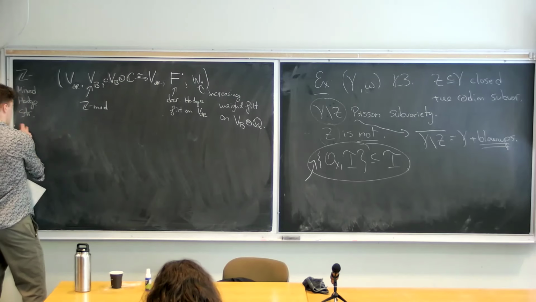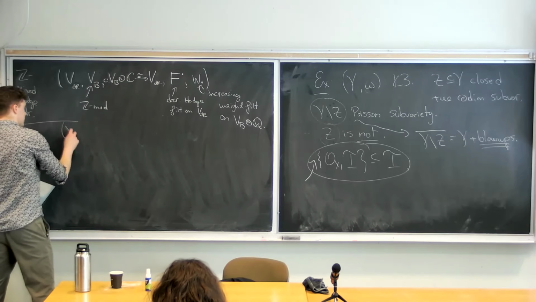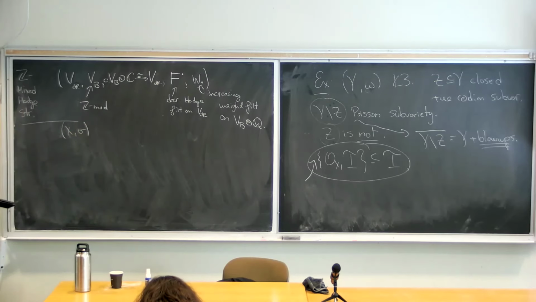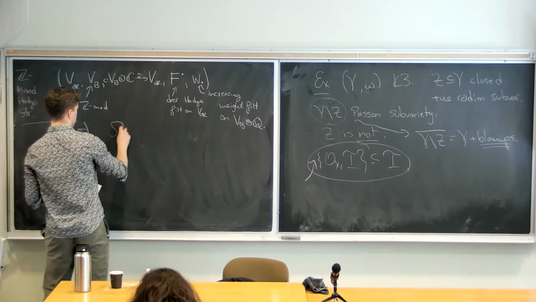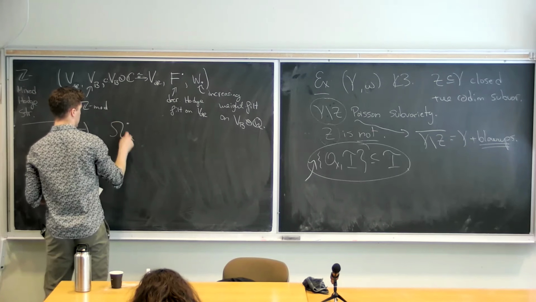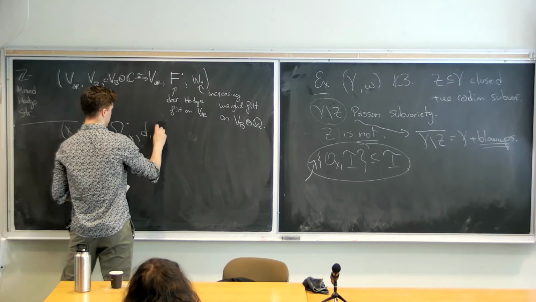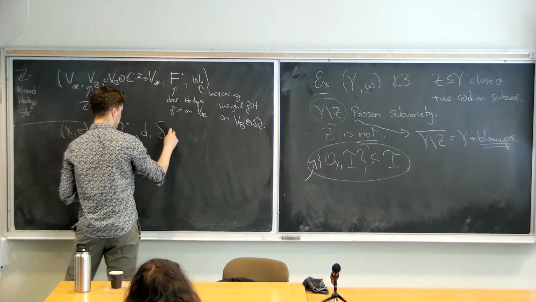Okay, so let's do it. From this X sigma, I'm going to define a double complex of holomorphic sheaves. So it's going to be these logarithmic differential forms together with the de Rham differential and what I'm going to call delta sigma.